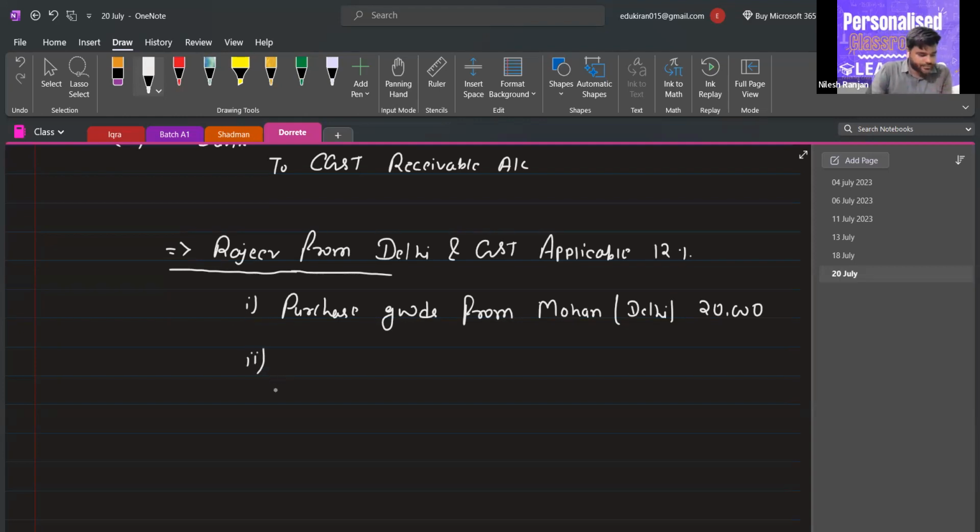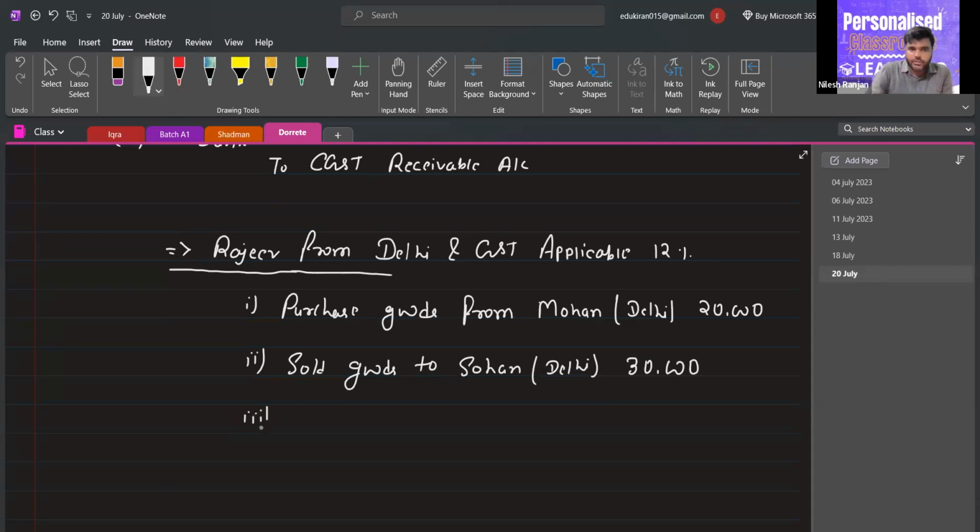The next is sold goods to Delhi, 30,000.